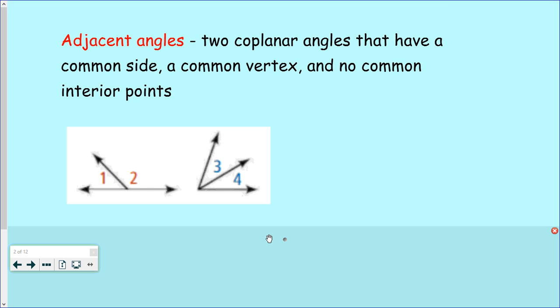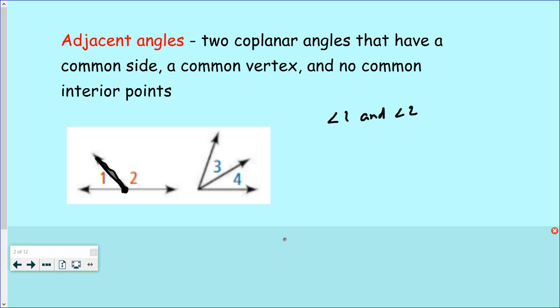In the diagrams below, angle 1 and angle 2 are coplanar angles. They're on the same plane. They have the common side, this side right here, and a common vertex right at this point.